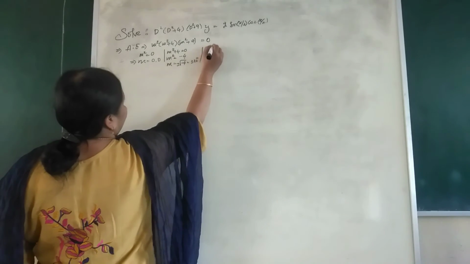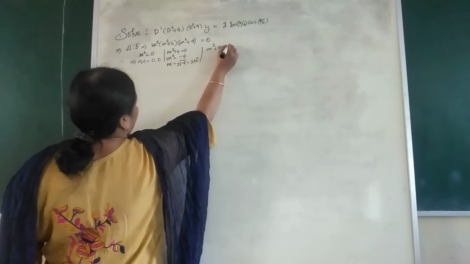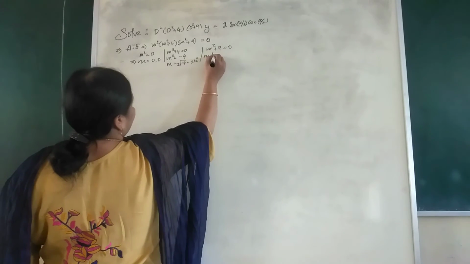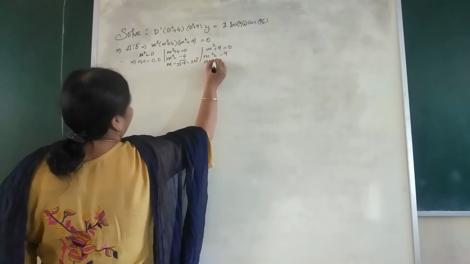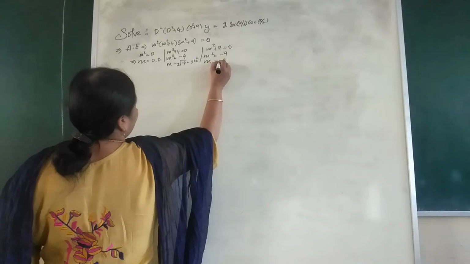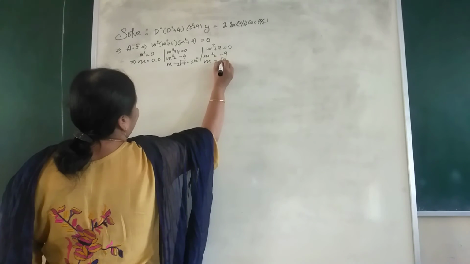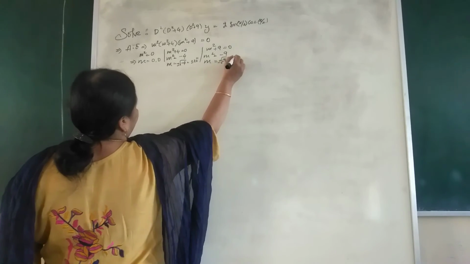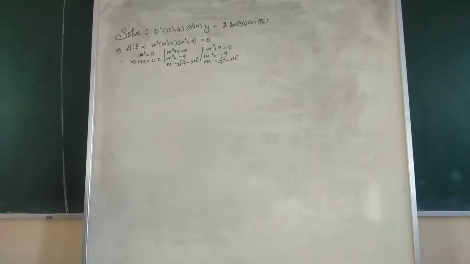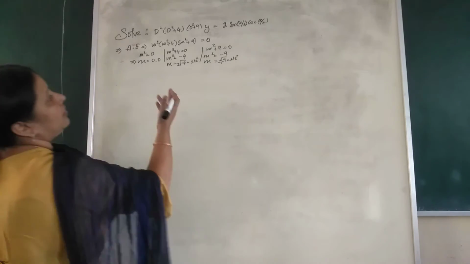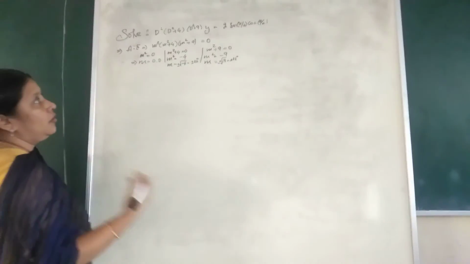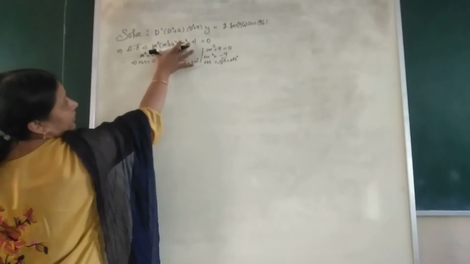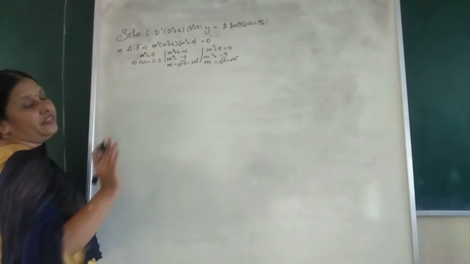Similarly, putting the third term equal to 0, we get m square as minus 9. Therefore, m equal to under root of plus minus 9, which is going to be equal to plus minus 3i. That's it. The question looks complicated, but basically it is not complicated because it is already ready with the factors.